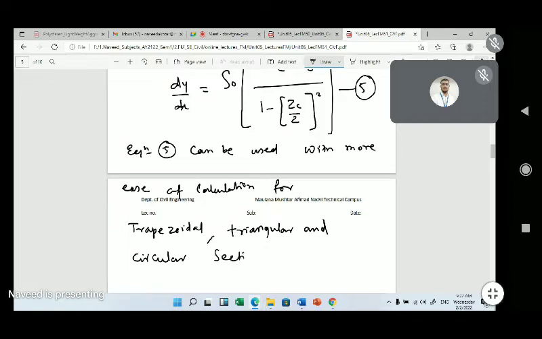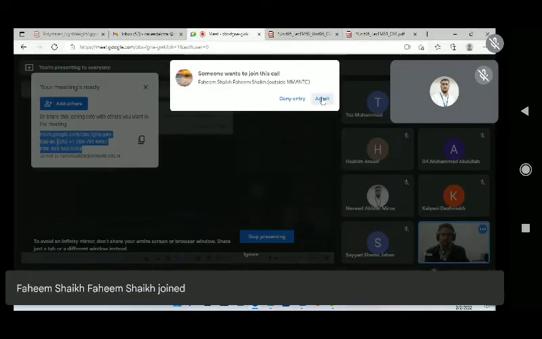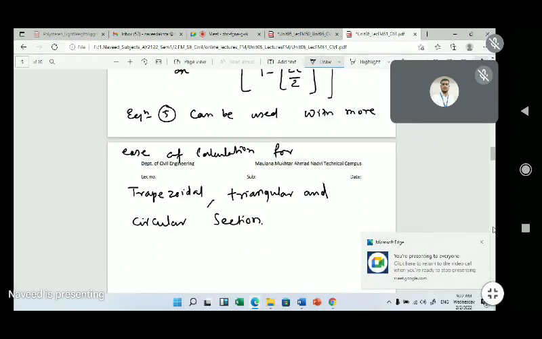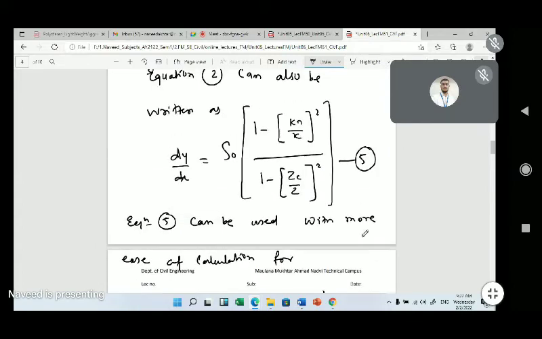This is the generalized equation, and it is nothing but all the equations we have seen today till now.